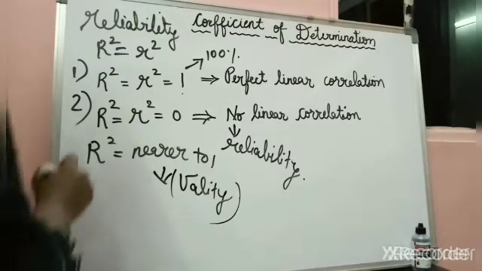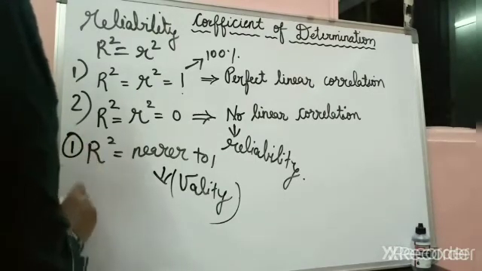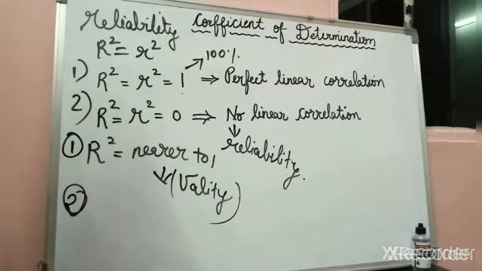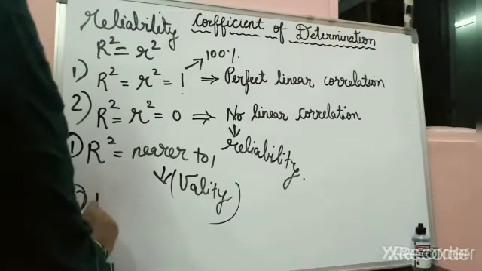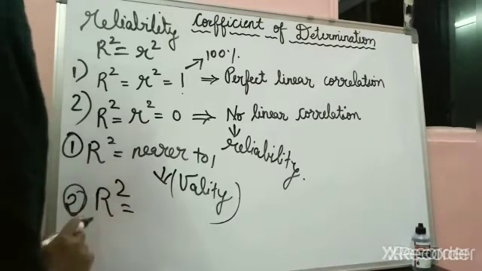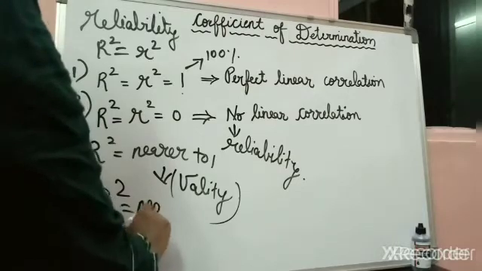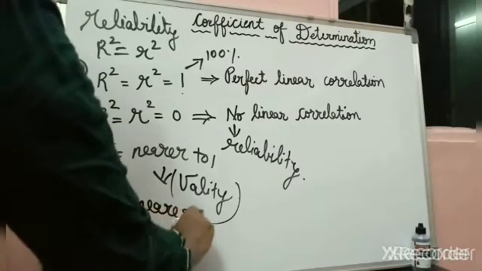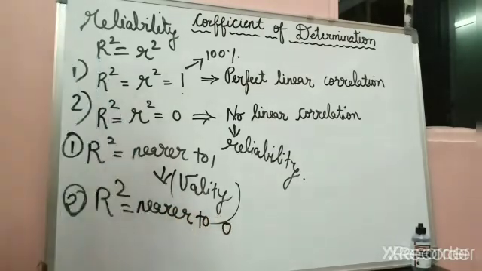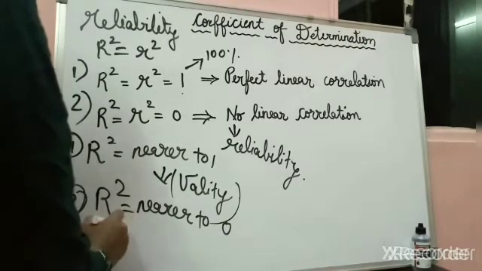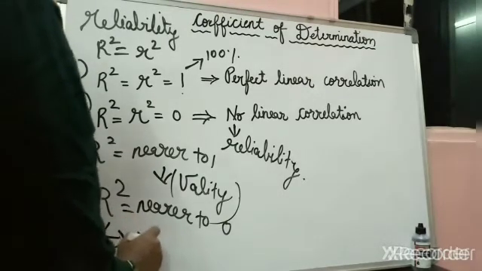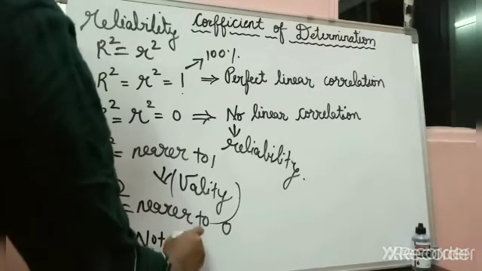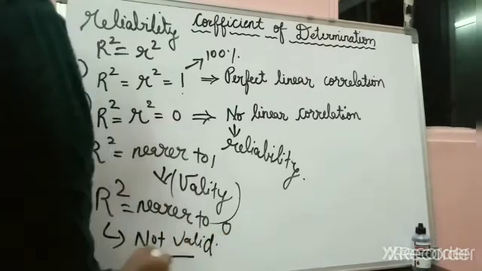And the second case, this was the first case, second case is when your R square is nearer to 0. So it is so simple. Then what you have to say, that the assumption of linearity of regression between x and y is not valid. Clear? Not valid. This would be more clear when you do a sum.